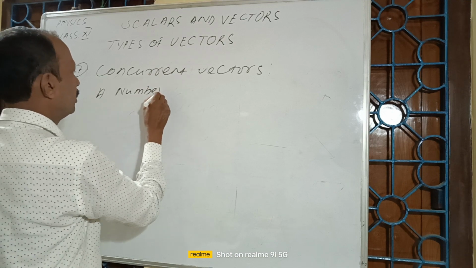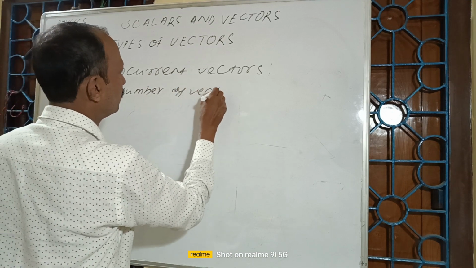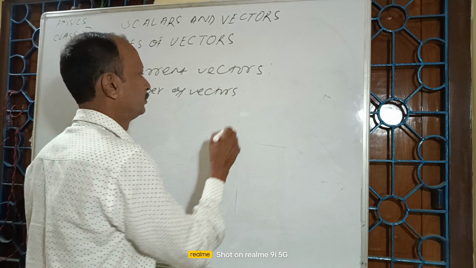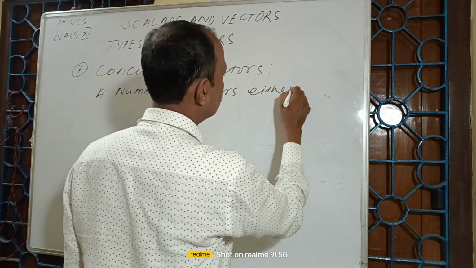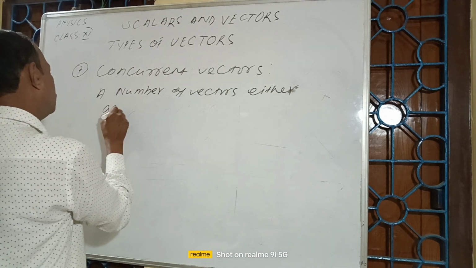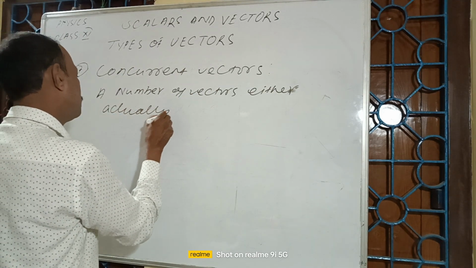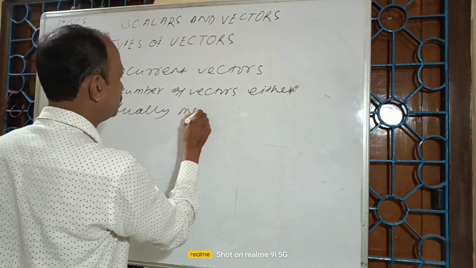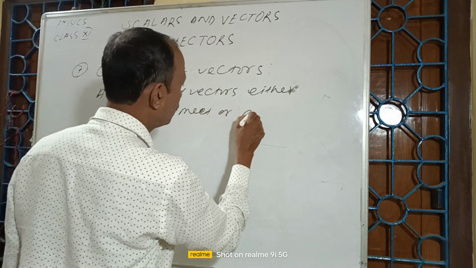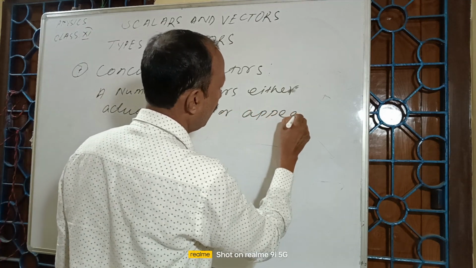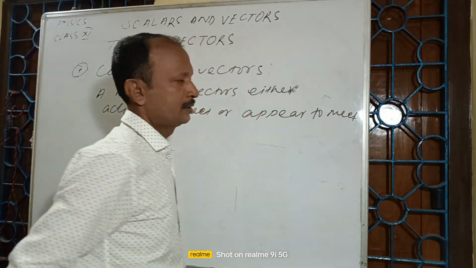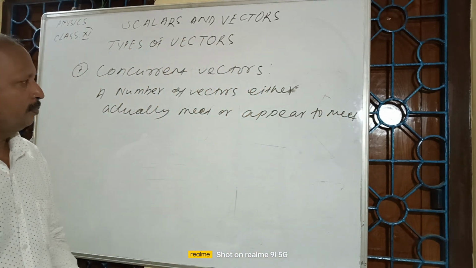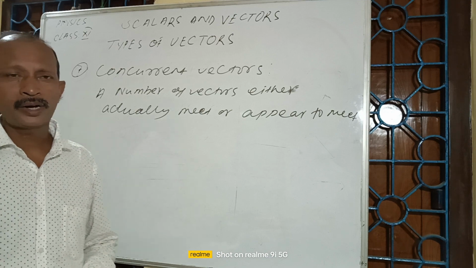A number of vectors that either actually meet or appear to meet are said to be concurrent vectors.